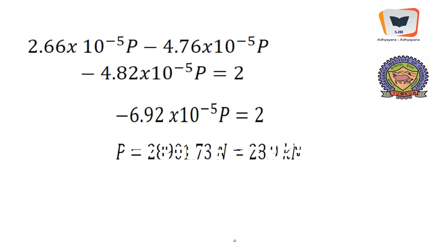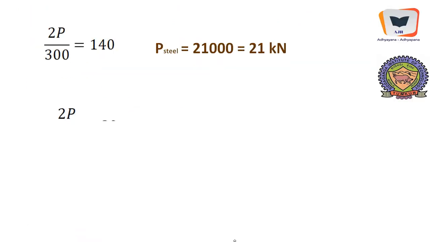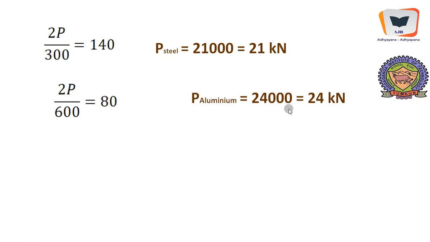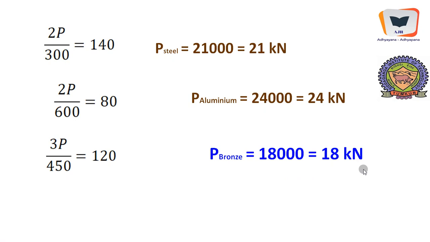Stress is given, and we will find out the permissible load from it, and we will select the minimum as we did in the previous problem. So for steel, P happens to be 21 kilonewton. For aluminum it happens to be 24 kilonewton, and here this is substituted. This is the working stress for that particular material, and this happens to be 18 kilonewton.